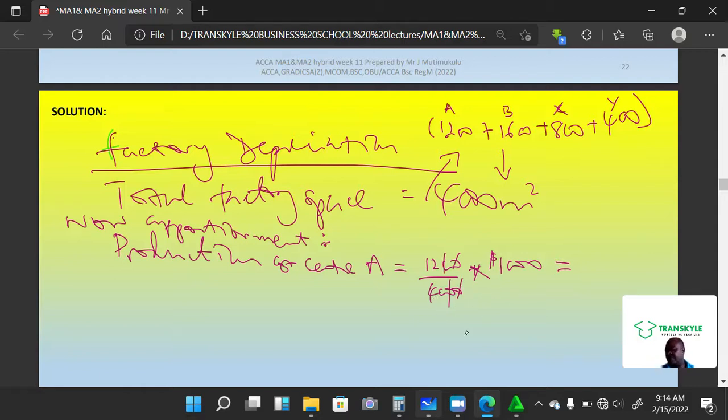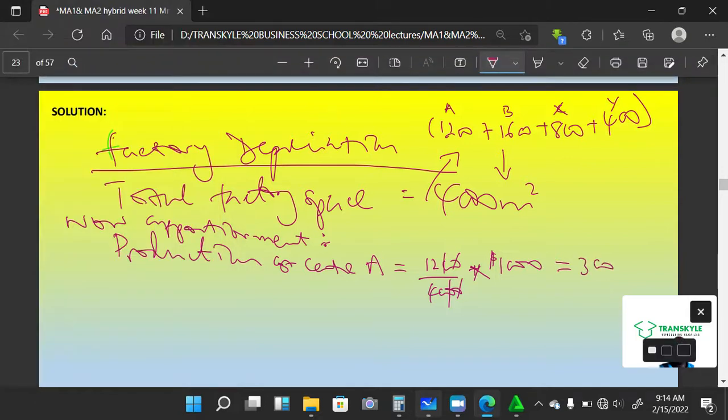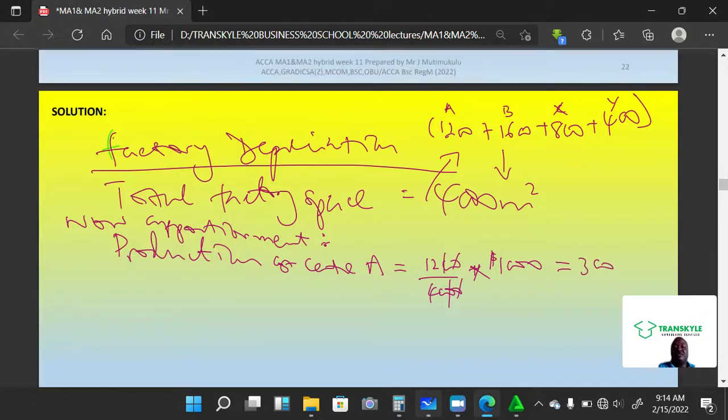You can use your calculator, because in the exam you don't have the whole day. So depreciation for production cost center A should be $300.